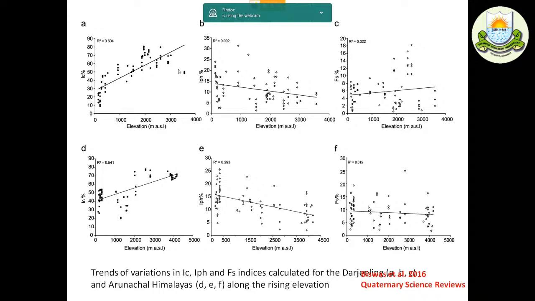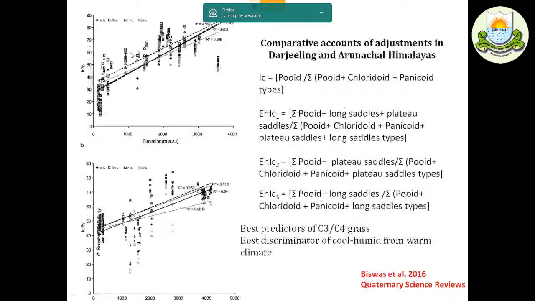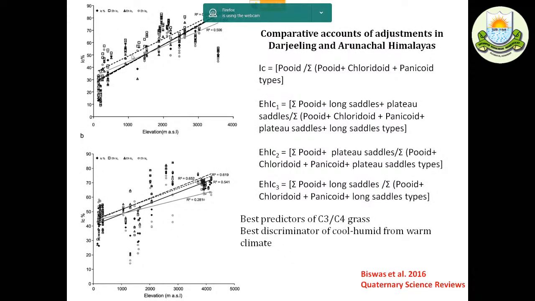But surprisingly, although our IC shows a linear relationship and is significant also, it is not as strong as seen in the southern Himalaya, the Tibetan Plateau or East Africa. So we started calibrating this index, and we studied all the living grasses of the Himalaya we had collected earlier, and we found that the grass composition in the Himalaya is significantly different from that of East Africa and Tibet also.